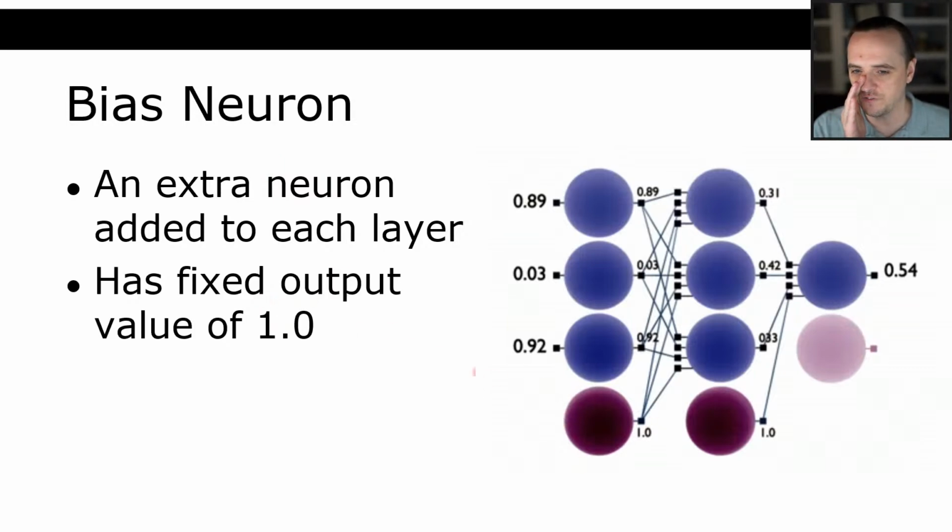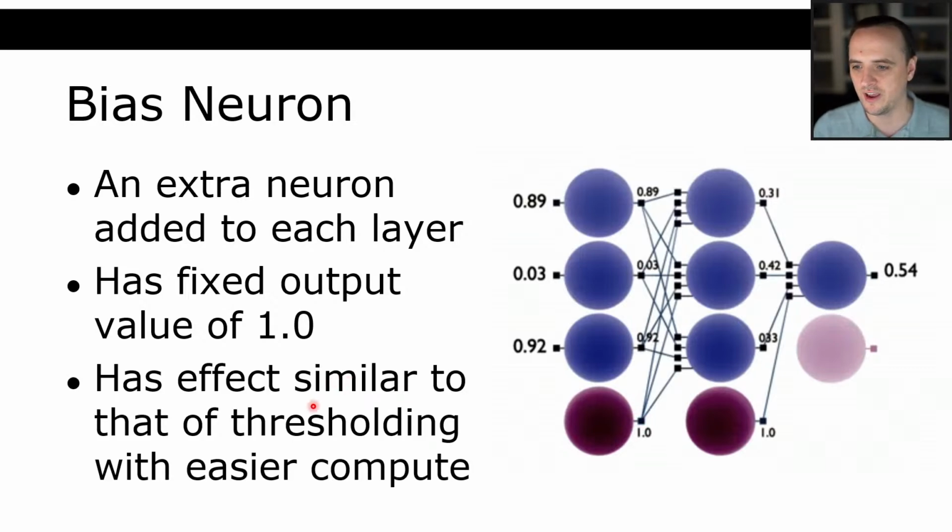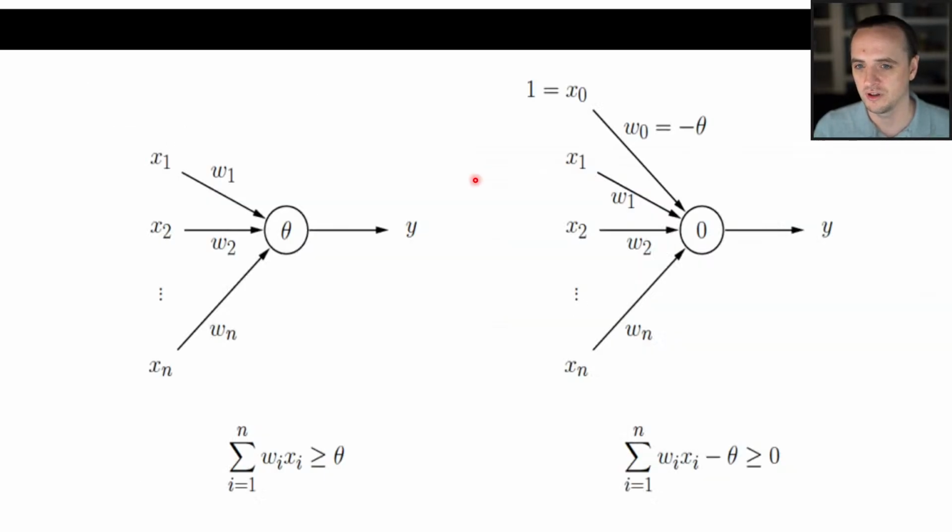So in order to remove the threshold, you add an extra neuron to each layer. That neuron has a fixed output value of 1, and it has a similar effect to thresholding, but it's easier to compute now. So this is what I mean by that, okay? Let's say we have what we had before with our perceptron, which has a threshold. So if the dot product is greater than a given threshold, our output is 1, otherwise it's 0.